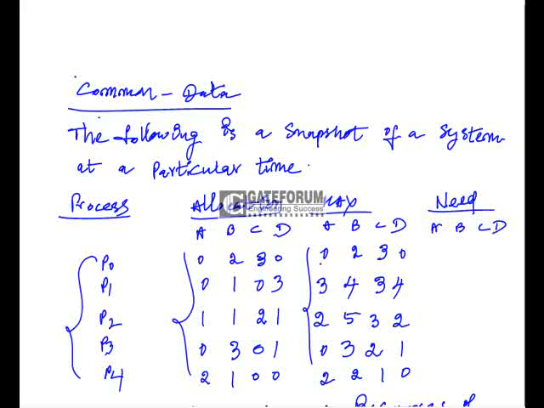So 0 to 3 minus 0 to 3 will become 0 0 0 0. It will become 3 3 3 1. Then 1 4 1 1. Then 0 0 2 0. This will be 0 1 1 0.